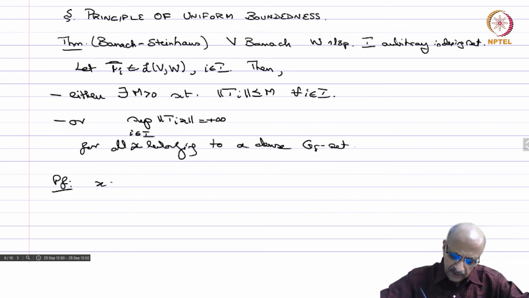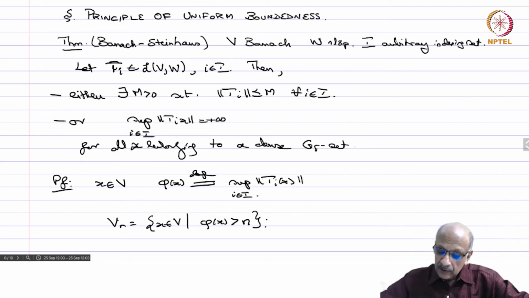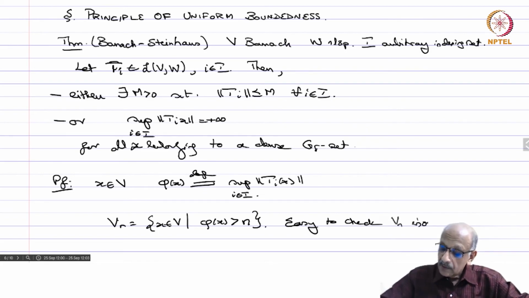Okay, so proof. You define for x in V, phi of x, so this is a definition, namely the sup over i in I of norm Ti of x, and you set Vn equals the set of all x in V such that phi of x is bigger than n. Now the norm is a continuous function, the Ti's are all continuous functions, and therefore one can easily check that Vn is open for all n.